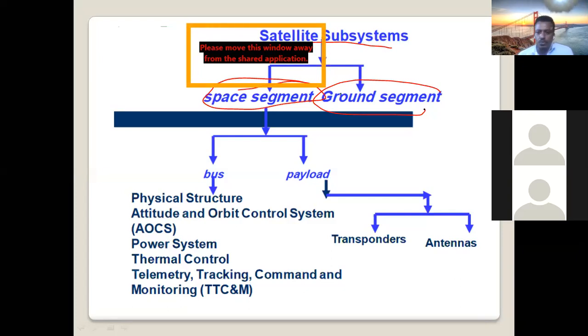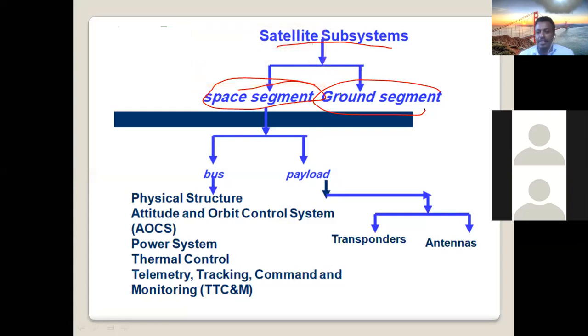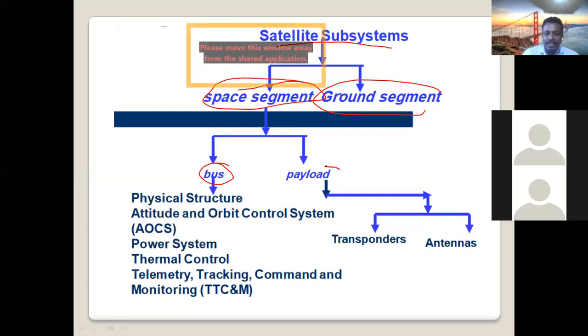We'll discuss these 2 one by one. We start from the space segment. When I say space segment, all components in the orbit. So this space segment is again divided into 2. What are the segments in space? We classify them as bus and payload. Okay, so what is bus and what does payload mean?